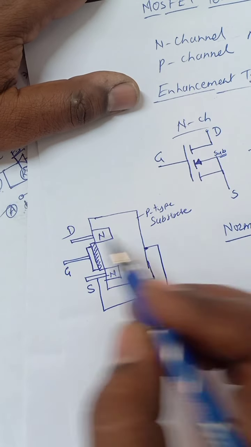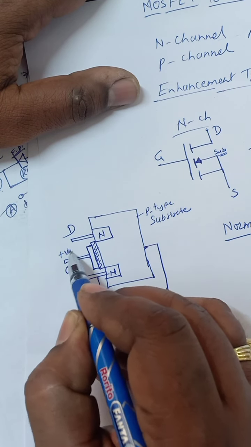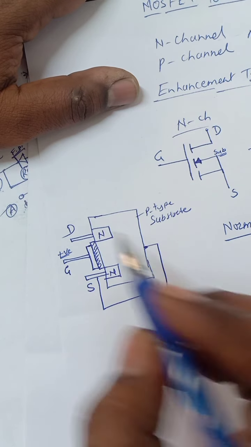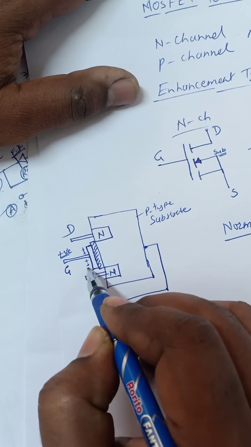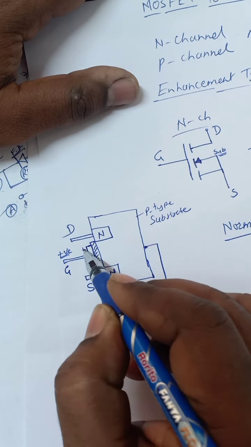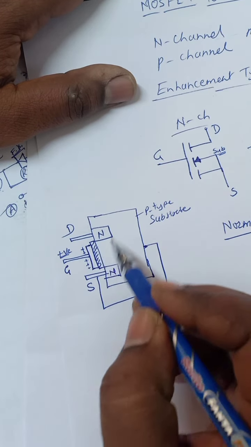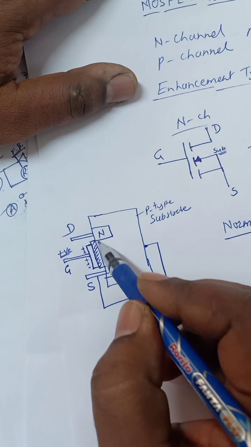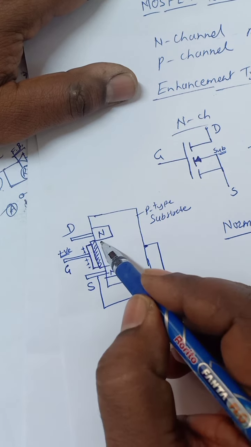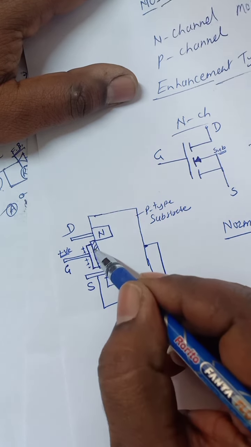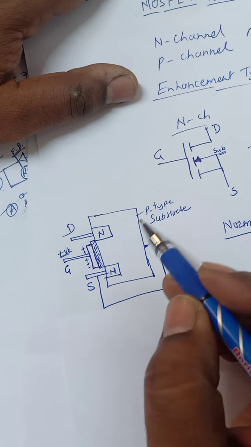For N channel, if we apply a positive potential to the gate, positive charge is collected on the gate plate, and it acts like a capacitor. The metal plate and the semiconductor act as plates, and the oxide layer acts as the dielectric material.